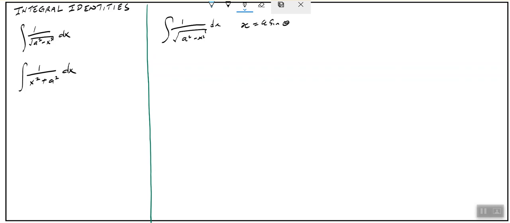These identities are kind of related to a right angle triangle where you have this angle as theta. So if this is theta, this will be our opposite side. This is 90 degrees.